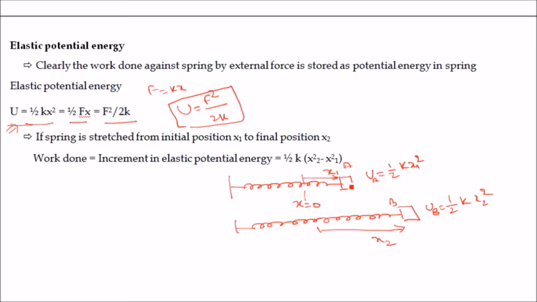Clearly the work done in moving the distance from x1 to x2 will be given by the change in elastic potential energy, and it is equal to 1 by 2 k times x2 square minus x1 square. So if I stretch the spring from the initial point x1 to the final distance x2, then the work done in this process will be the change in elastic potential energy, and it is equal to half k times x2 square minus x1 square.